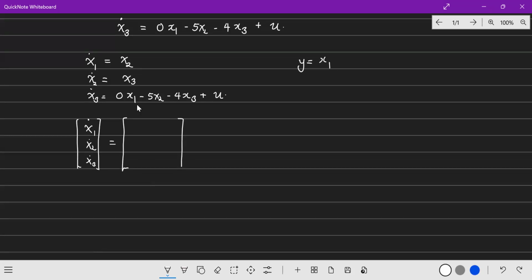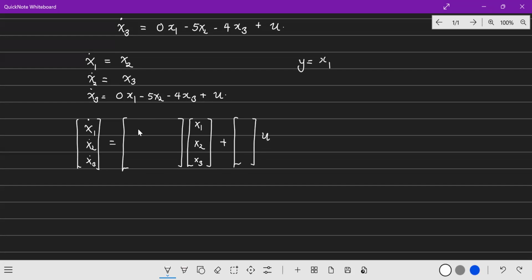Remember, this is an n by n matrix A, which contains the coefficients of x1, x2, and x3. These are the variables x1, x2, and x3. And then plus the B matrix, times u.